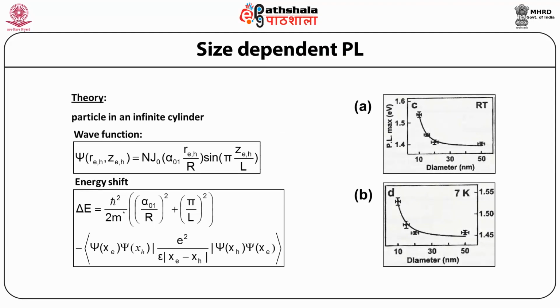The motion of the electron in a nanowire can be considered similar to a particle confined in an infinite cylinder.